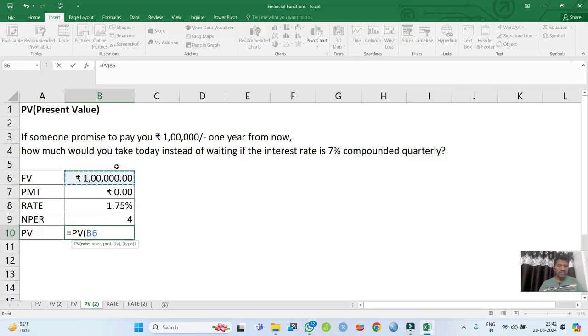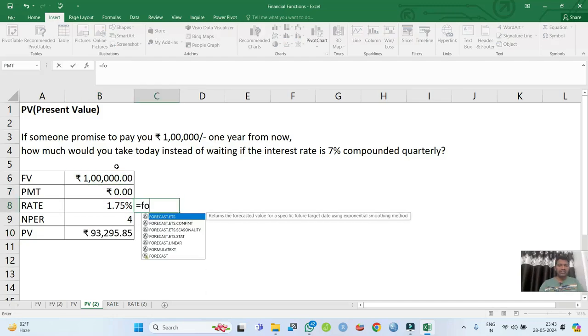The rate is 1.75, NPER is 4, PMT is 0, and FV, the future value, is 1 lakh. If you want to convert the negative value into positive, just multiply by minus. I'll give the formula text for your reference.